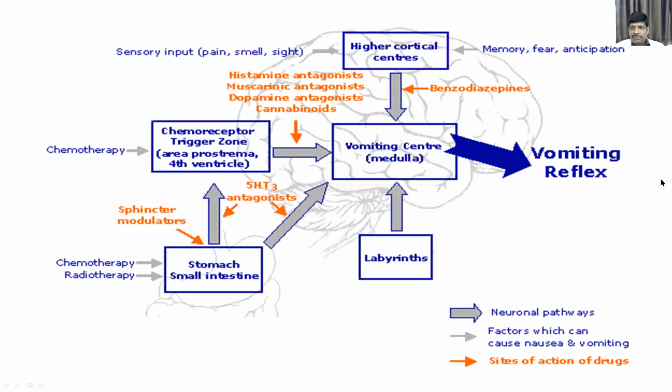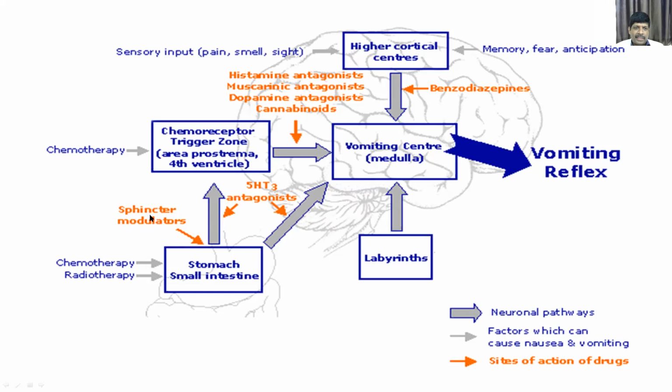This is the figure I was talking about. We have the higher cortical center, the vomiting center here, the labyrinth here, the stomach and small intestine here, and the chemoreceptor trigger zone here. There is a need to stimulate this vomiting center in order to have emesis or vomiting. It can be done in many ways: through the labyrinth, through the stomach directly, or via the chemoreceptor trigger zone to the vomiting center.